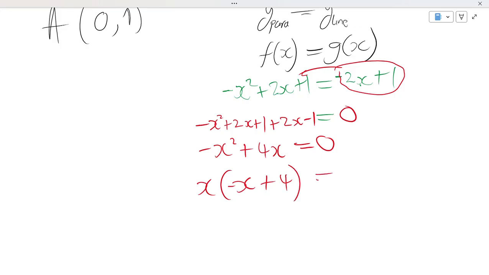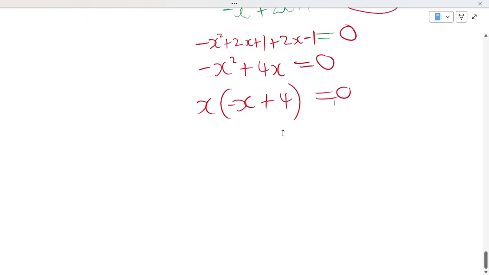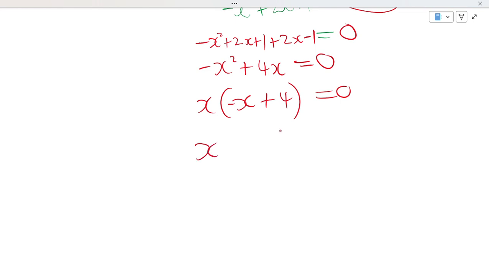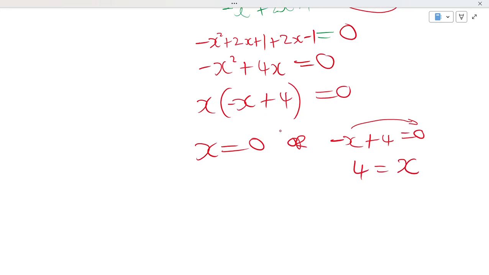So you would say x is equal to 0 here, or you put this bracket equal to 0, negative x plus 4 equal to 0, and then you take x to the other side, so 4 is equal to x.